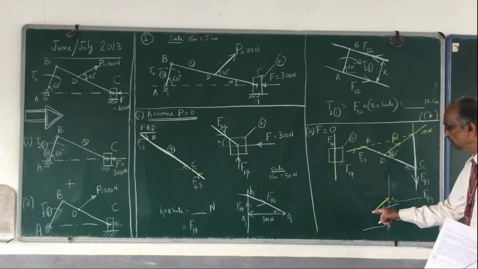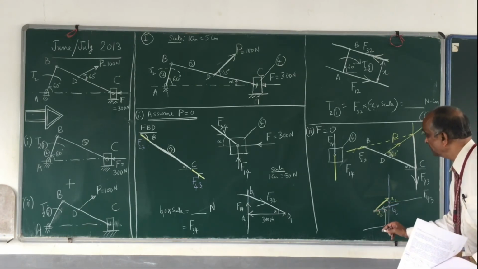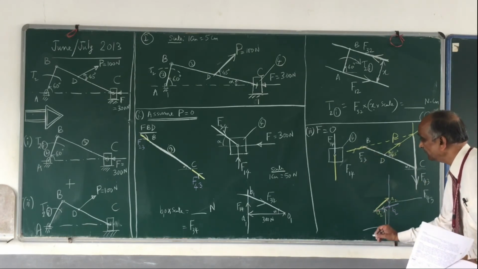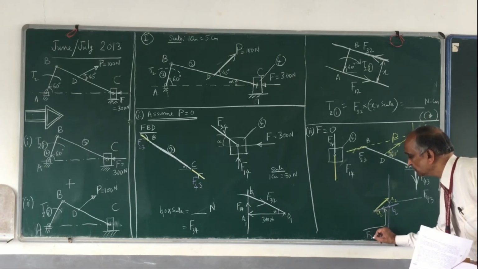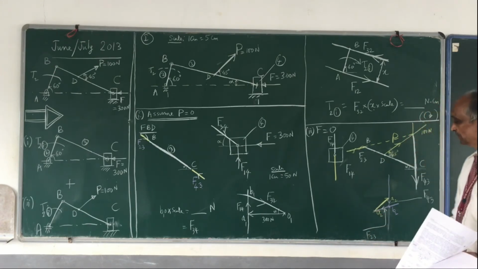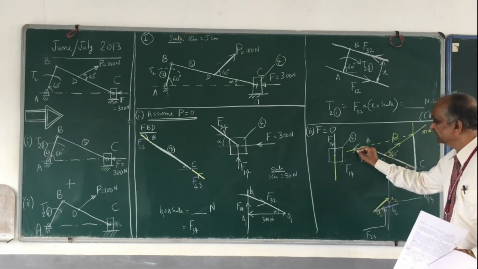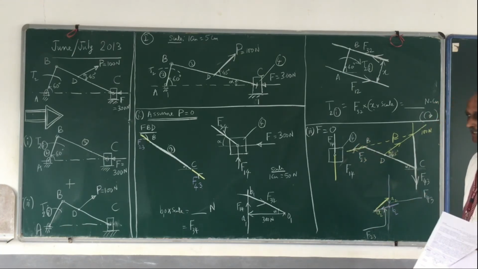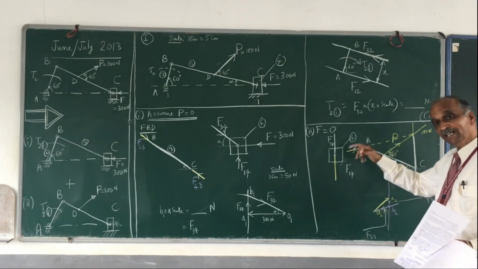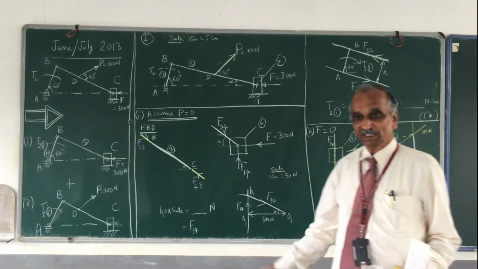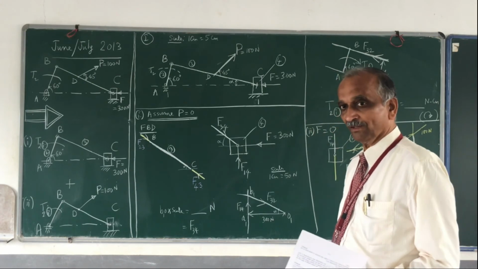B2O2 is nothing but your F23. So what is the direction of F23? It is from B2. So therefore, this is the direction of F23. So once you know the direction of F23, you know what F32 is, right?